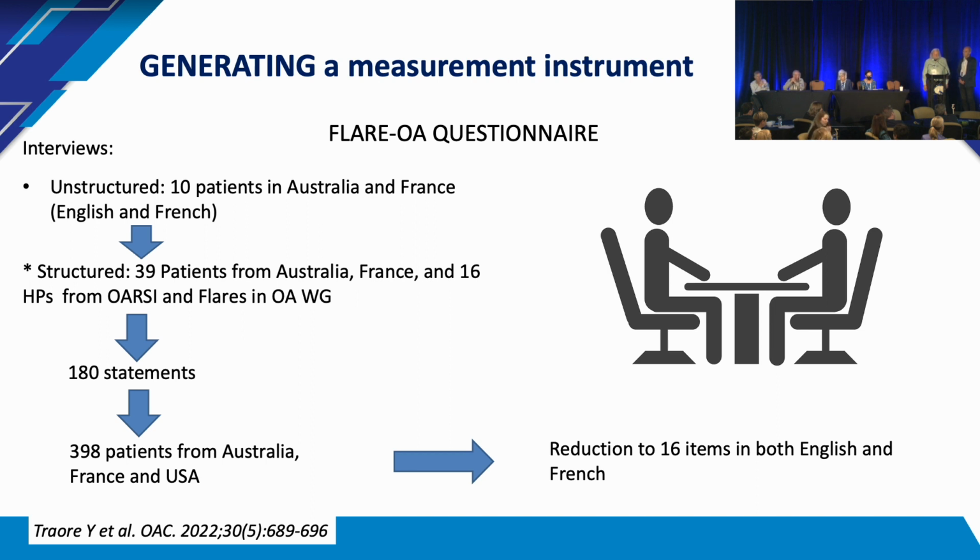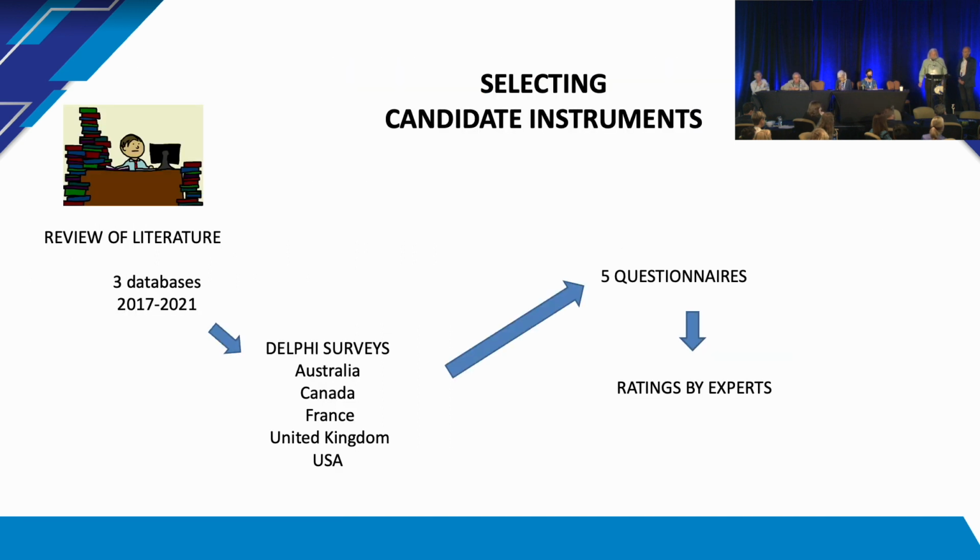With their 180 statements as a starting point, several steps were taken to reduce the number of relevant and agreed on items by Delphi process. 398 patients were involved in the study for validation of the psychometric properties of the questionnaire, resulting in a 16-item questionnaire with good validity and scaling properties.